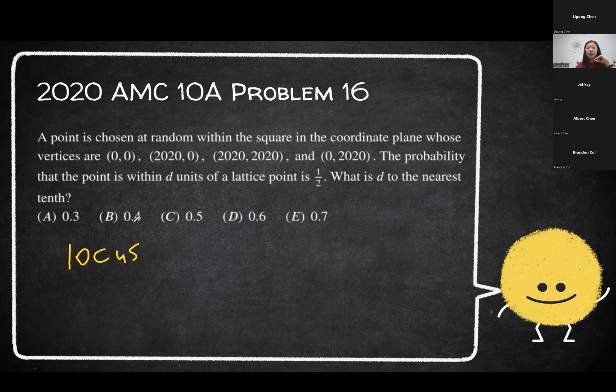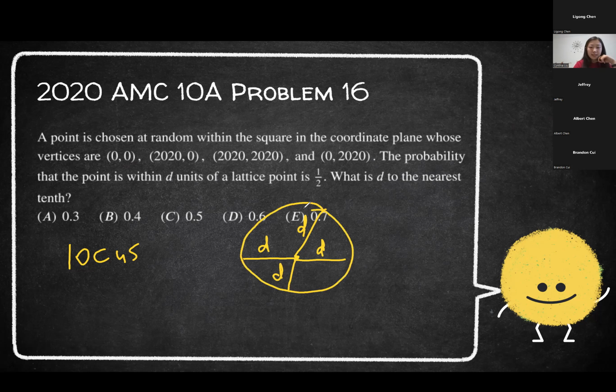So for example, if I have the locus of all points that are d units away from this point, there's an infinite amount of lines that are d units away from that point, and it'll end up making a circle. So one example of a locus would be the locus of all points that are d units away from one point is the circle with radius d, right?